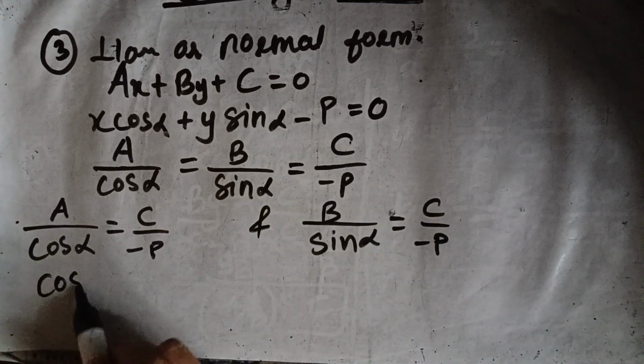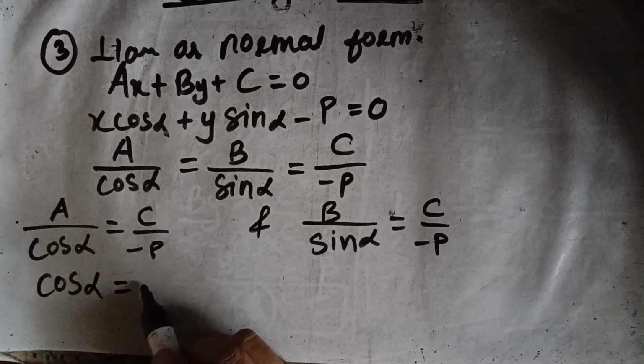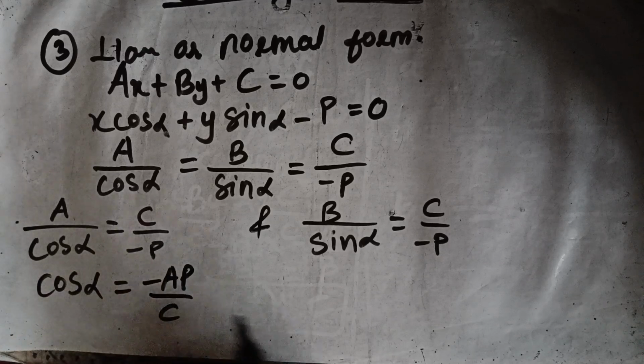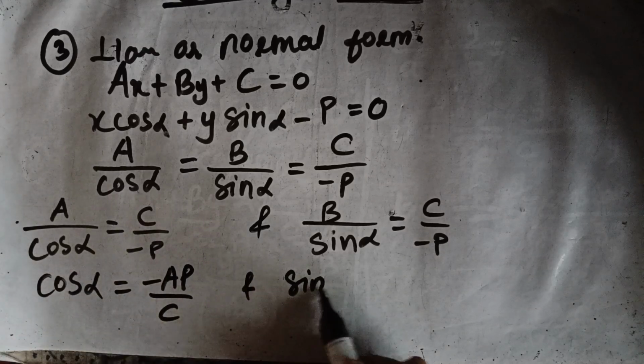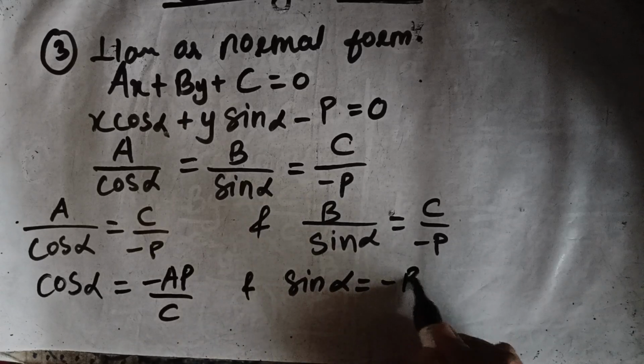Multiplying, we get cos alpha as minus ap upon c and sin alpha as minus bp upon c.